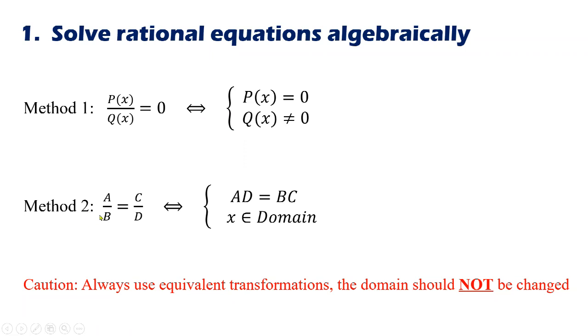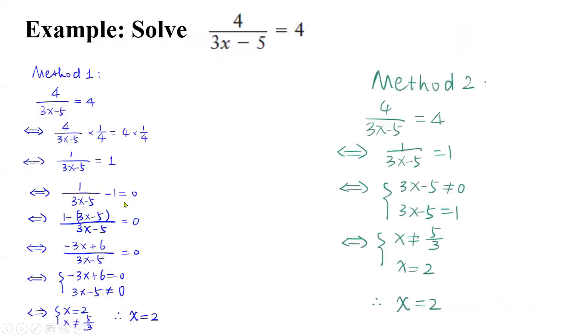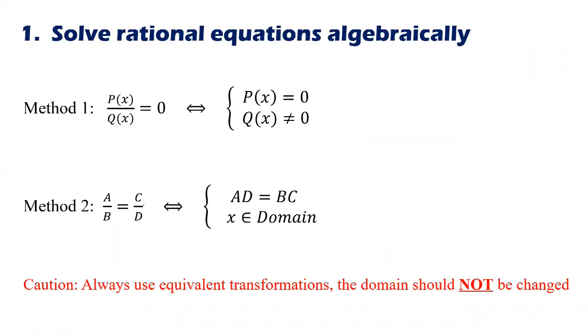And there's another method. As long as you control the x variable in the domain, an expression of the form A over B equals C over D is equivalent to AD equals BC, by using cross multiplication.